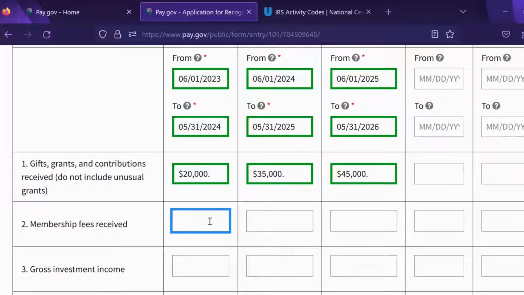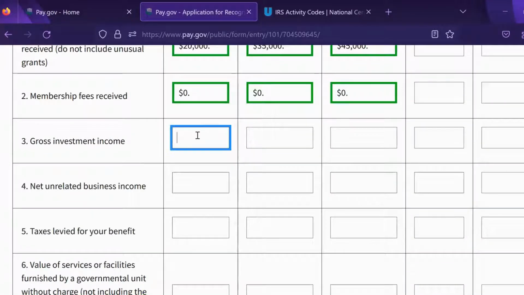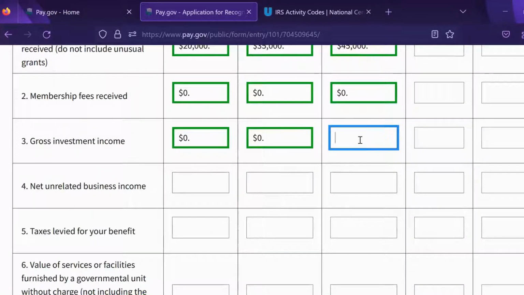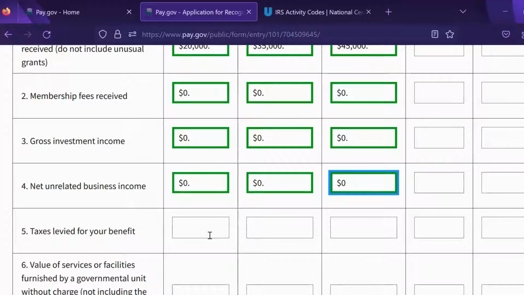On this document, Jane does not have any membership, so she's going to put 0. She also does not have any investment income, 0. No unrelated business income. She's planning to fund her organization primarily with grants and contracts and donations from the public. So taxes, we're going to put 0.